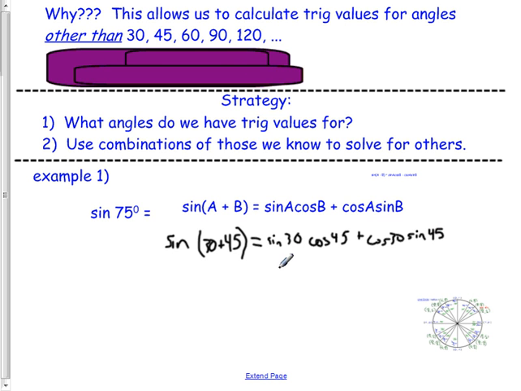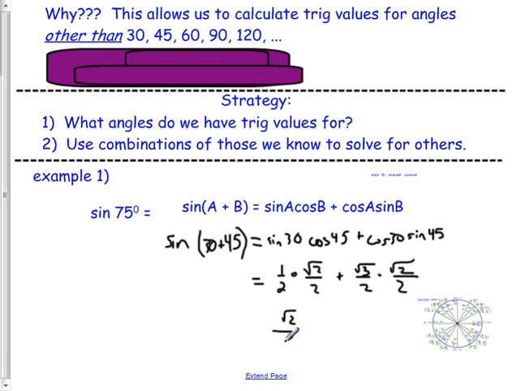So then the sine of 30 is a half times the cosine of 45, which is root 2 over 2, plus the cosine of 30, which is root 3 over 2, times the sine of 45, which is root 2 over 2. Hopefully by now you know those values, as if you don't, that unit circle becomes your best friend.